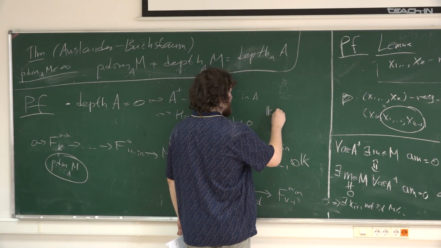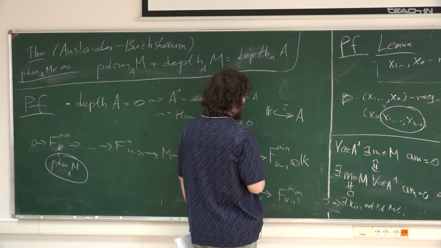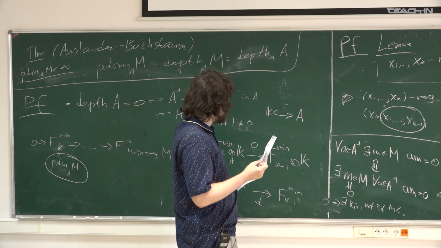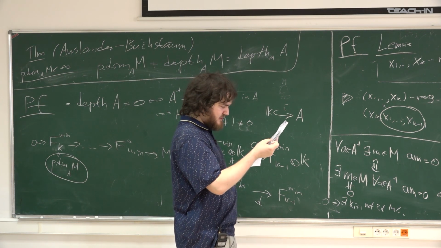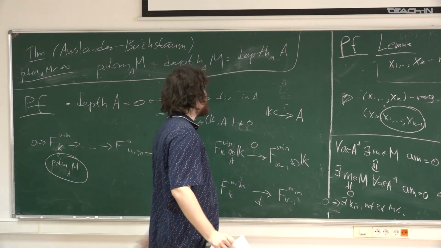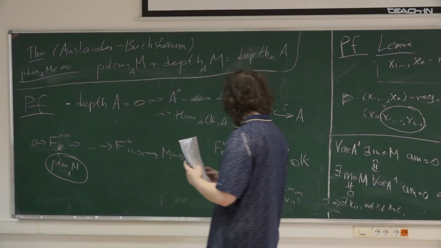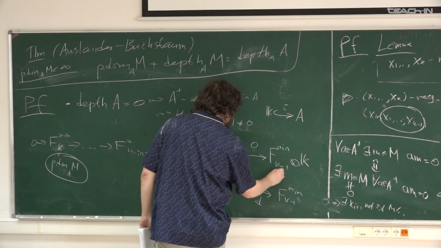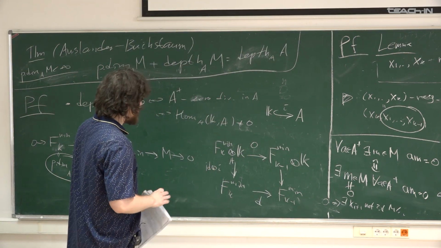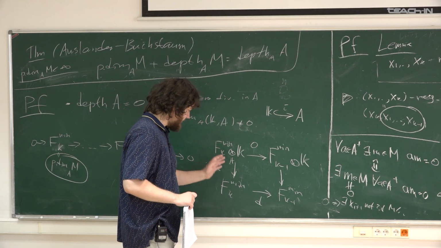I want to consider here identity tensor i, where I identify the tensor with A with the module itself.